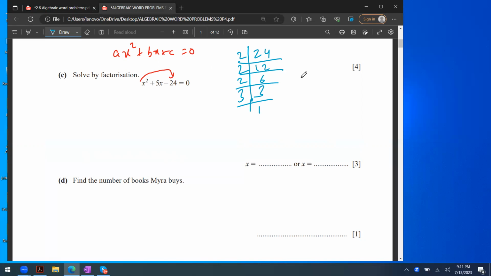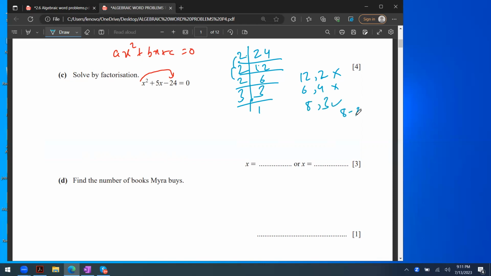What about 12 and 2? 12 and 2, you don't get 5. Leave it. What about 6 and 4? You don't get 5. Any other? 8. 2 2s are 4, 4 2s are 8. 8 and 3, you get 5.